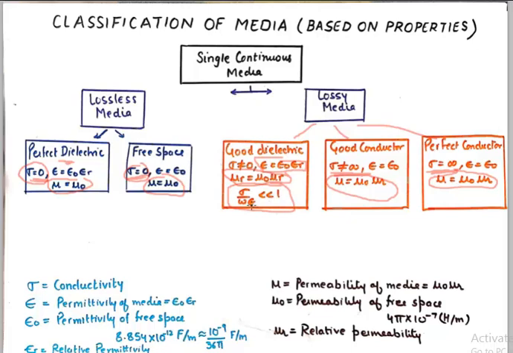You can watch that video as well. But on a broader perspective, you must know the basic difference between a lossless media and a lossy media, and what conditions prevail in both these media. So that's about it that I wanted to discuss in this tutorial.